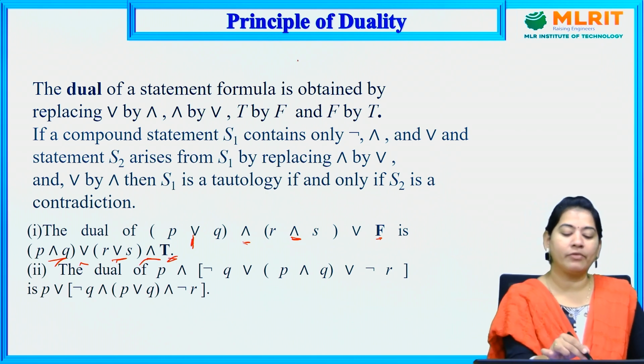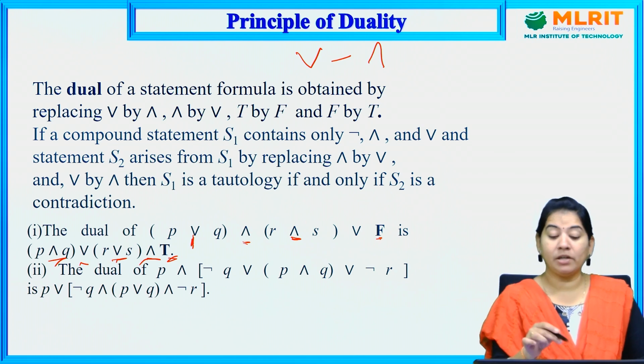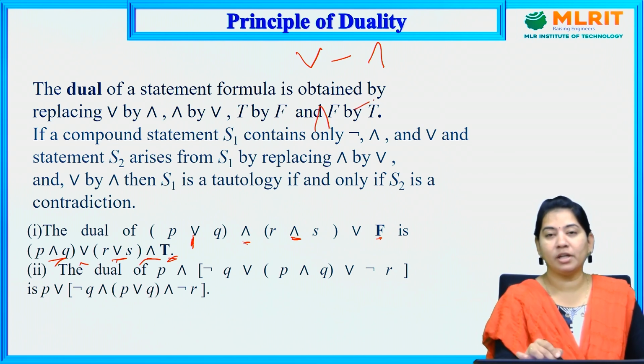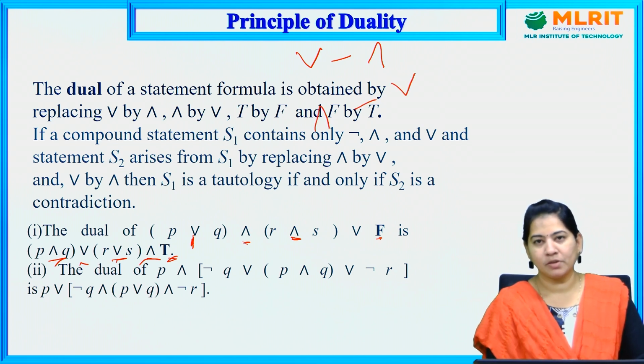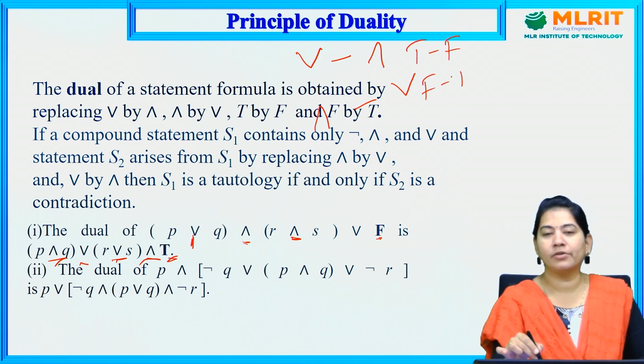Wherever you have OR, you need to replace it with AND. Wherever you have AND, you need to replace it with OR. Not only that, true with false, false with true.